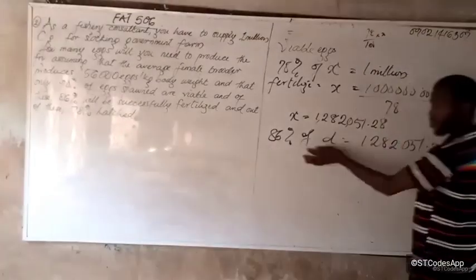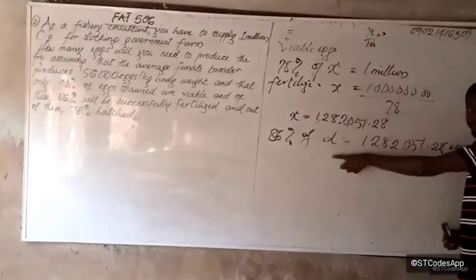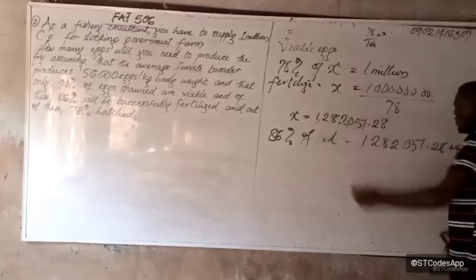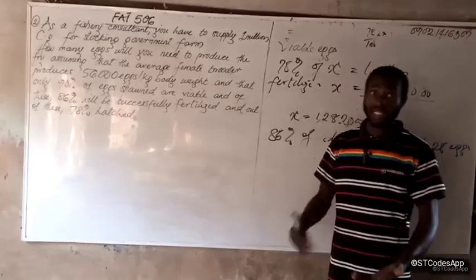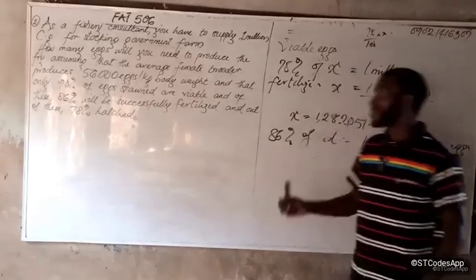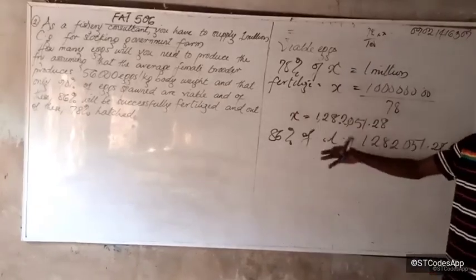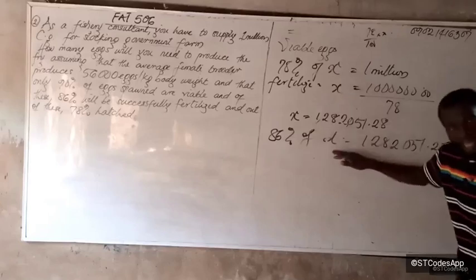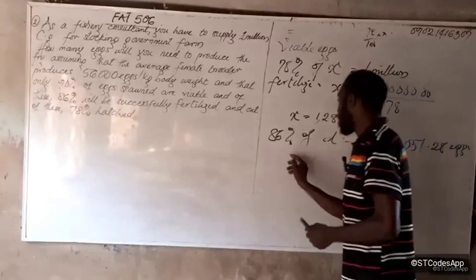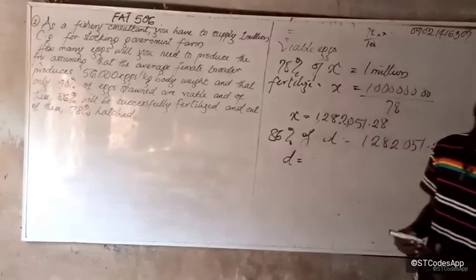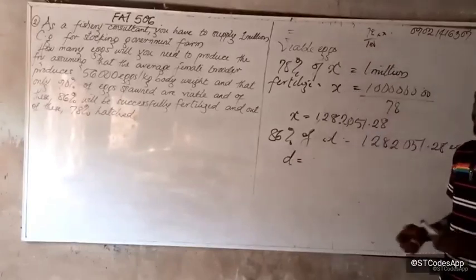So it's 86% of a particular amount of viable eggs that are fertilizable, that can turn to fries actually. So 86% of them gave this amount of fertilized eggs. So how many are they that were viable actually, that could be fertilized?